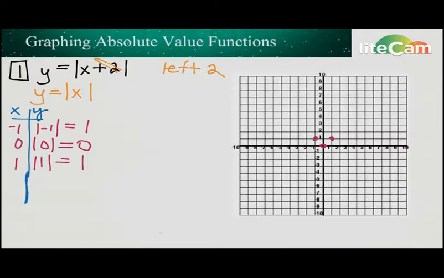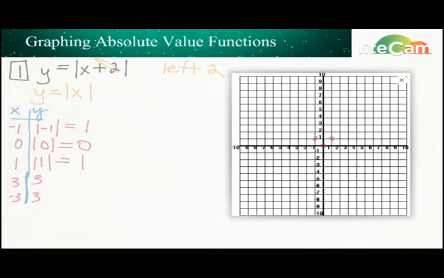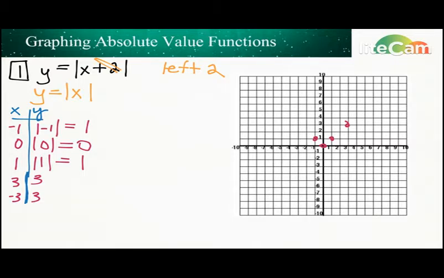Since this graph is going forever in both directions, both left and right, then I can pick any number on the x-axis. So I could even do, let's just do 3. So I might pick 3 and -3, which if I plug those in, I would get 3 and 3 again. Okay, and then I can just draw my graph.